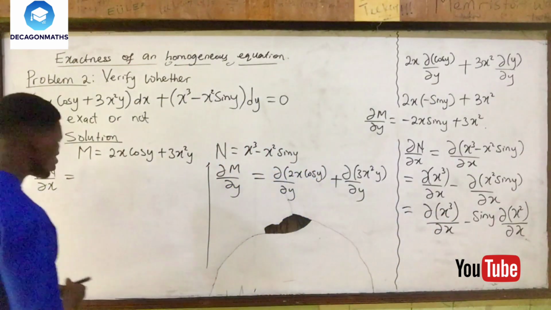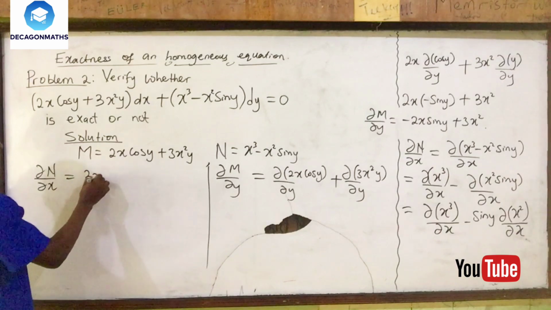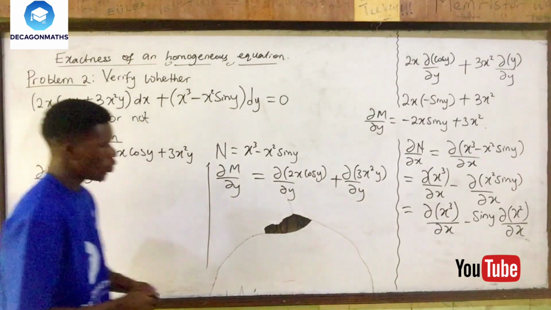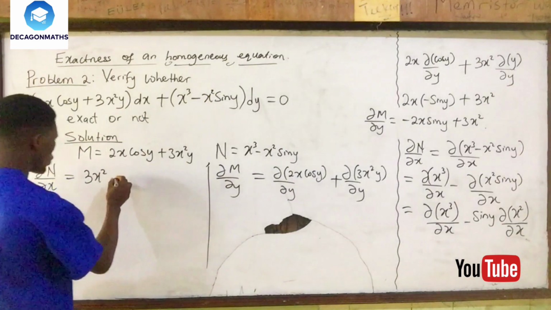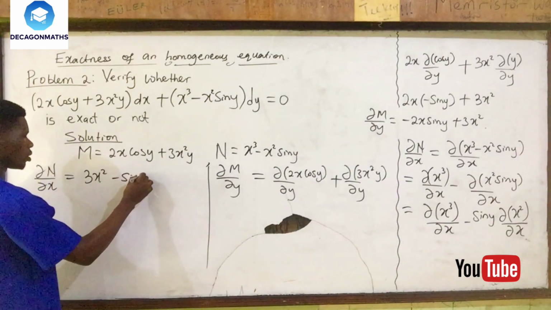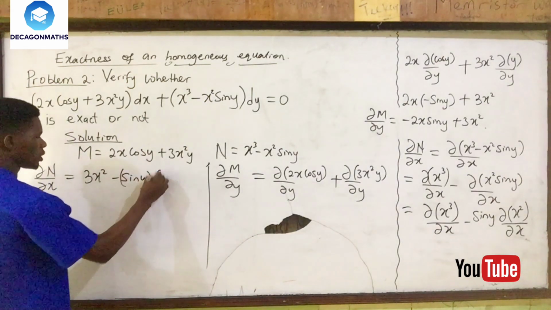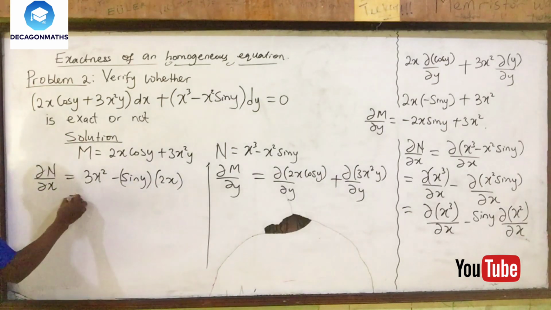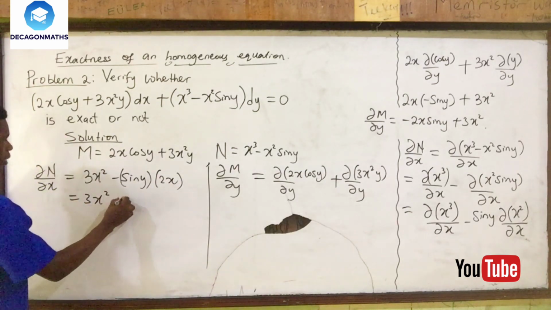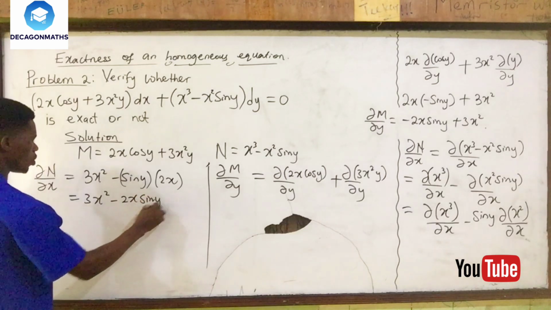And when we differentiate x squared, we have 2x. So we have minus sin y multiplied by 2x. Now this gives 3x squared minus 2x sin y.